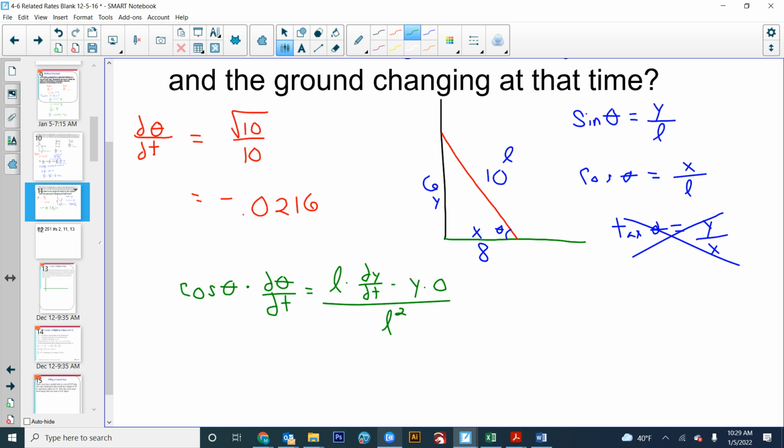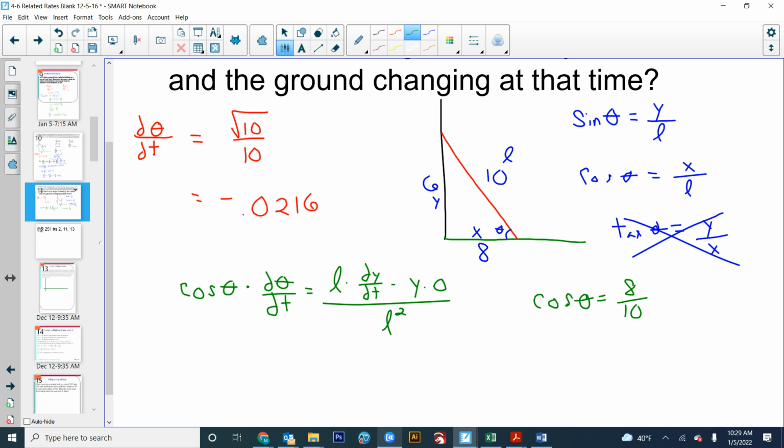Cosine of theta. What's the cosine of theta at that instant? 8/10. Very good. Cosine of theta is adjacent over hypotenuse, so it is 8/10 at the time in question.